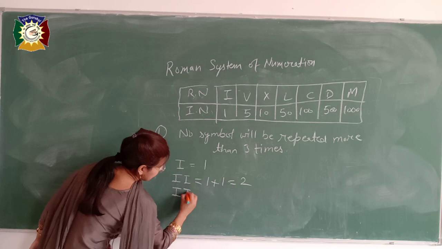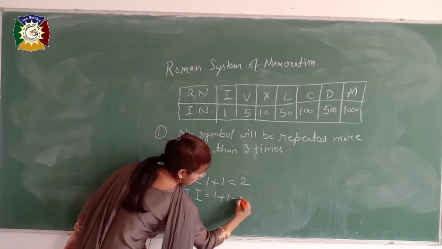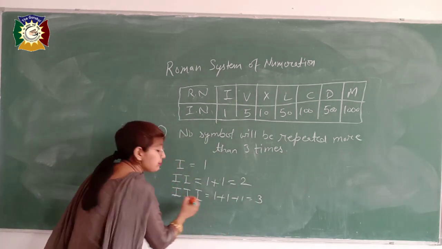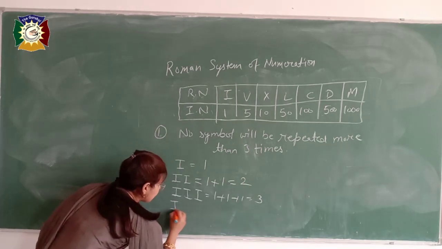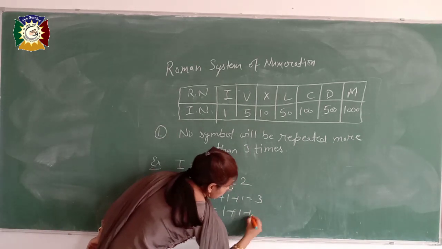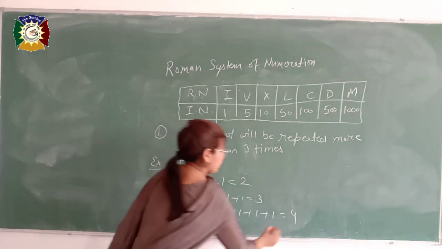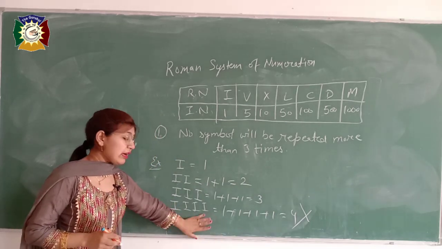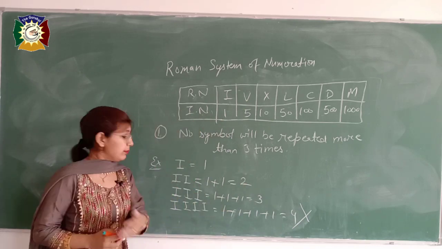Again, if I write like this, it will give you 1 plus 1 plus 1, that is 3. But I can't repeat this symbol more than 3 times according to our rule number 1. If I write 1 plus 1 plus 1 plus 1 is equal to 4, it is totally wrong. Never do this. If you want to write 4, I will tell you later how to write number 4.